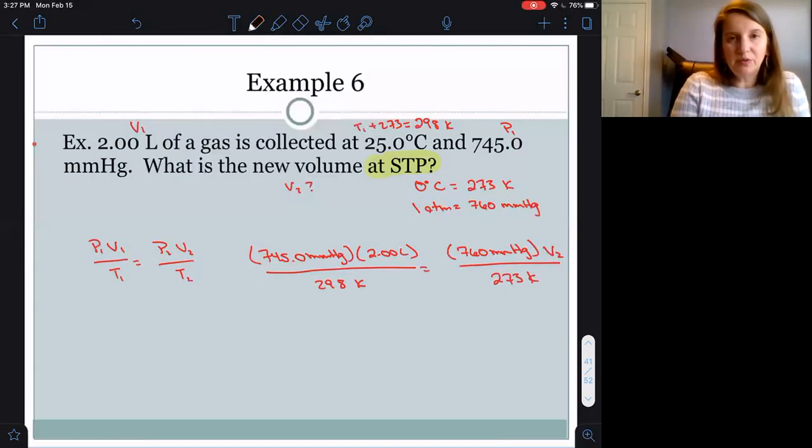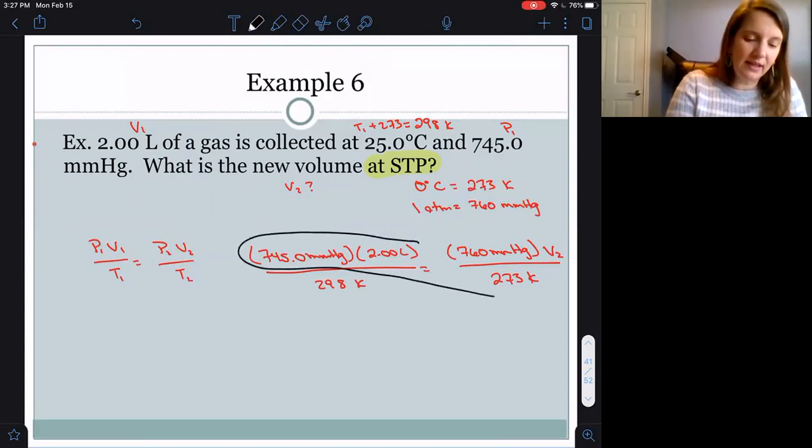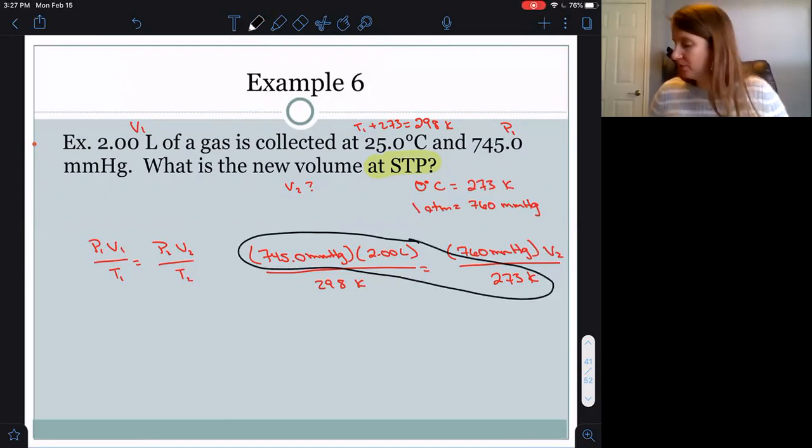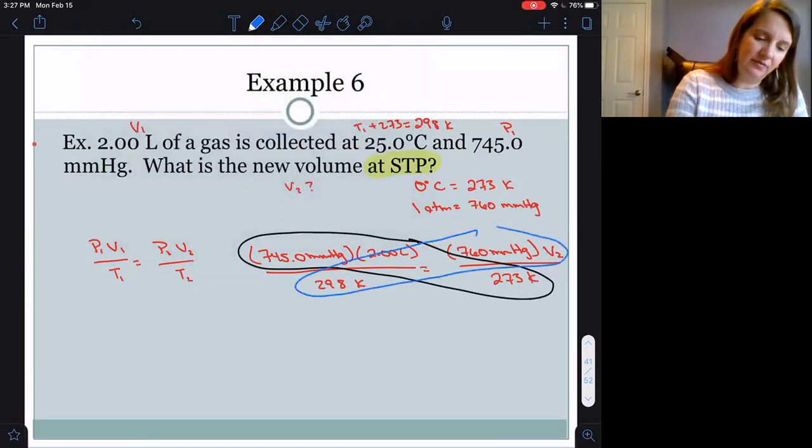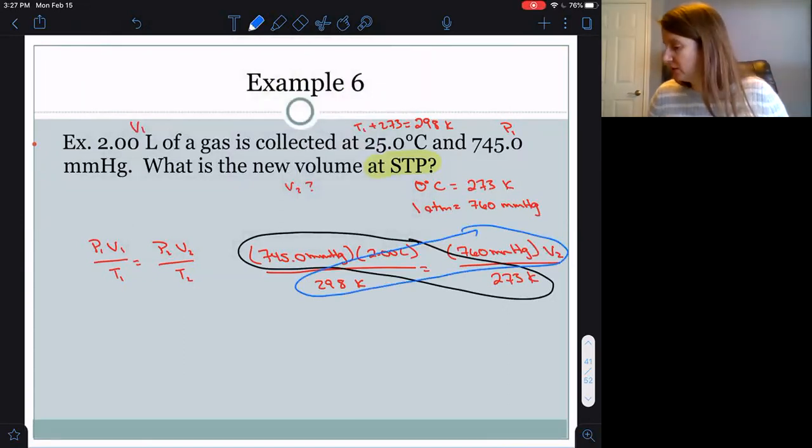Now, if you do this in multiple steps in your calculator, you want to make sure you don't round until the very end. I'm going to multiply by this diagonal first, because you always multiply by the diagonal where you do not have your variable. And then I'm going to divide by this variable, and you want to make sure that you're doing this along with me to make sure that you are calculating correctly.